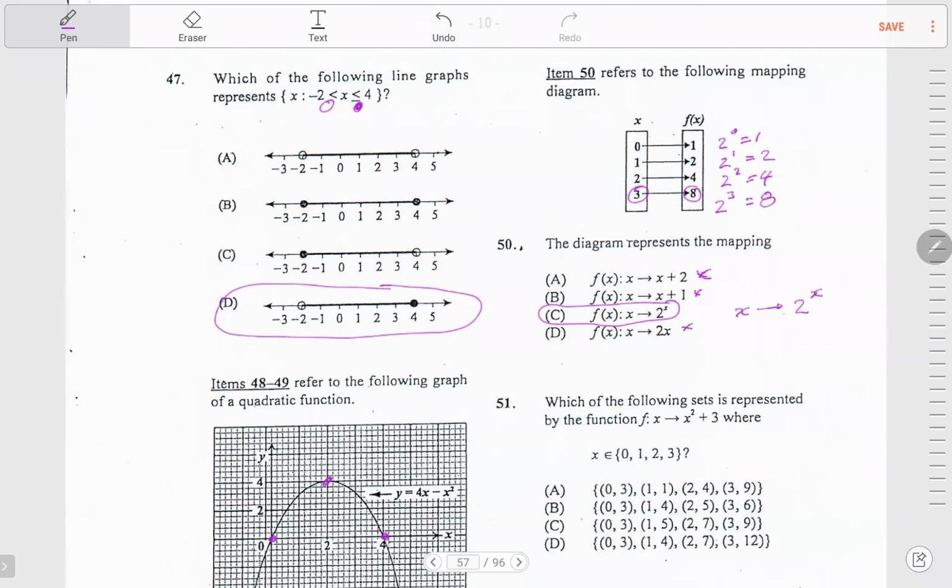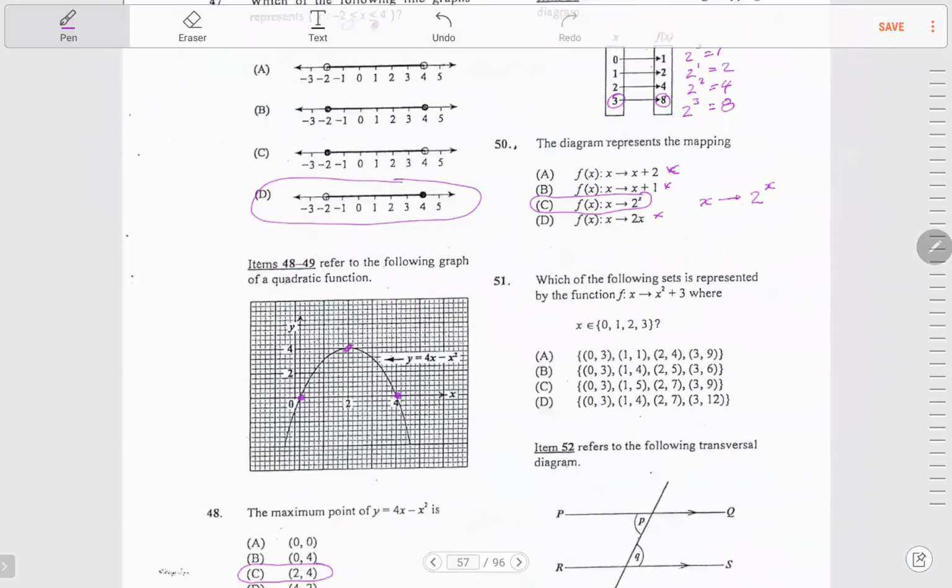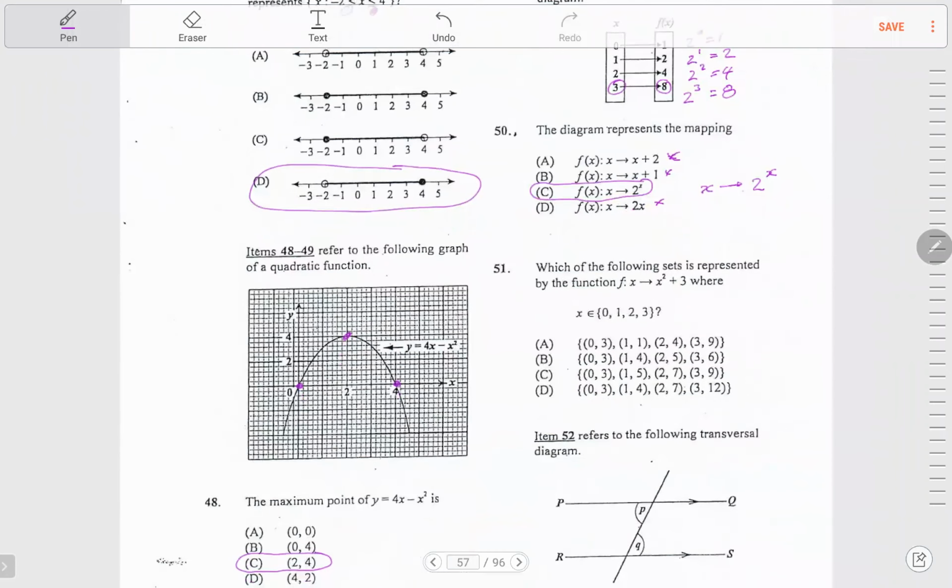All right, next one. I think we did this one already as well. So put in the values that map onto 2. So this is x squared plus 3, right? Let's see what that would work out to. This one would work out to 3 because it would be 0 squared plus 3, which is 3.